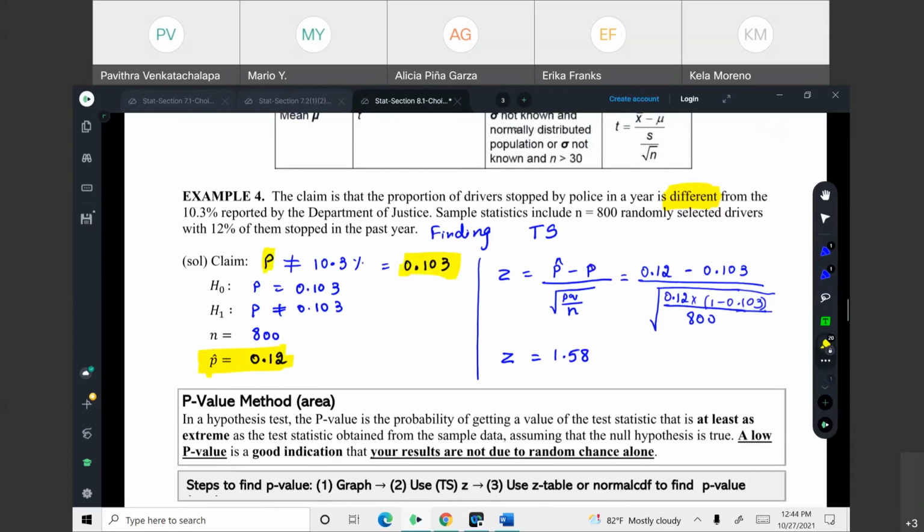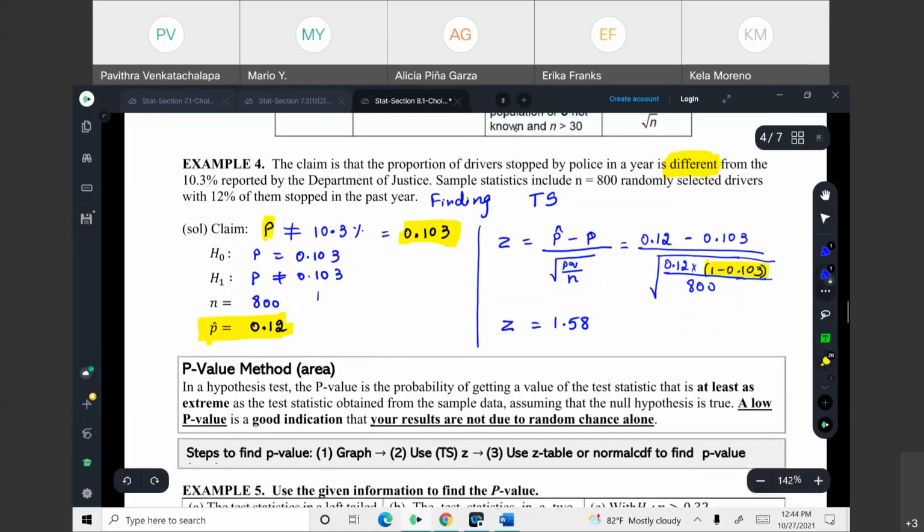But I'm confused on the bottom, where it's saying 0.12 times 1 minus 0.103. How do you find q when p is given? If you have p, then q will be 1 minus p. So you don't use p cap for that. If they are asking you to find q cap, then it is 1 minus p cap. If they are just asking you to find q, then it is 1 minus p.